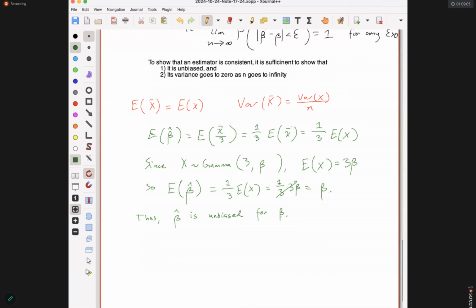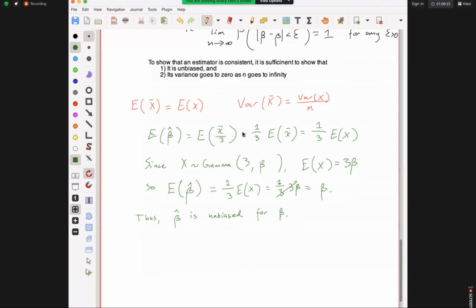Next, we want to show that the variance goes to 0 as n goes to infinity. And thus, we want to show variance goes to 0.